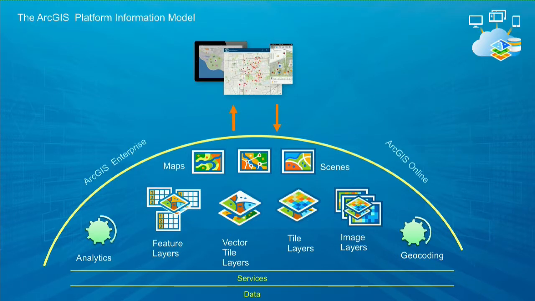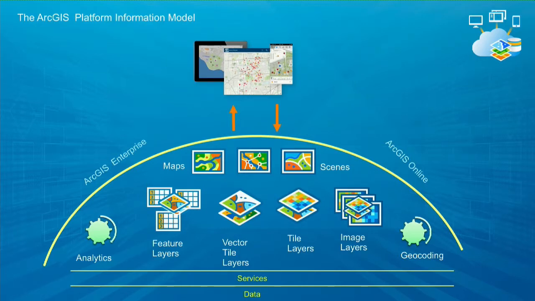With the services pattern, we're really leveraging online and your portal to serve up services and items that you can use inside of your app, that you can take offline and then potentially make edits and synchronize back.